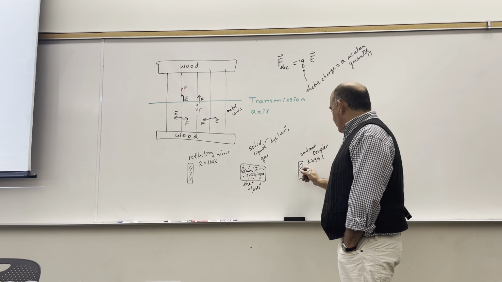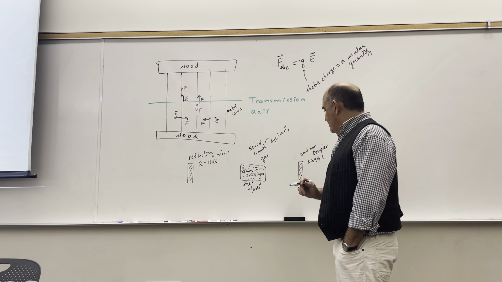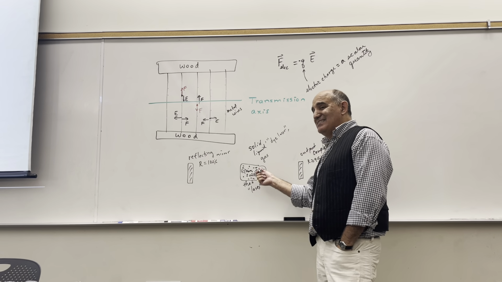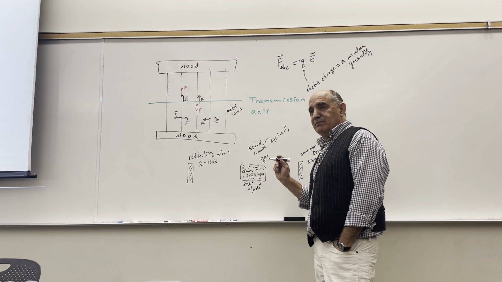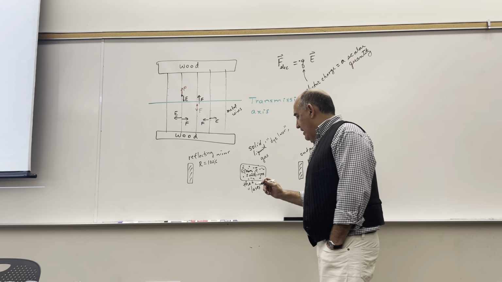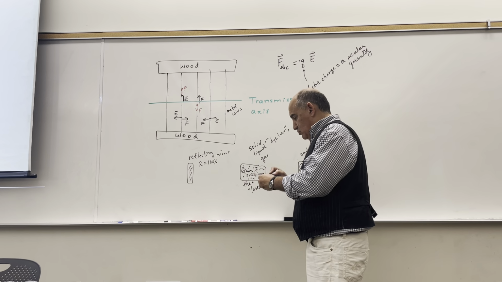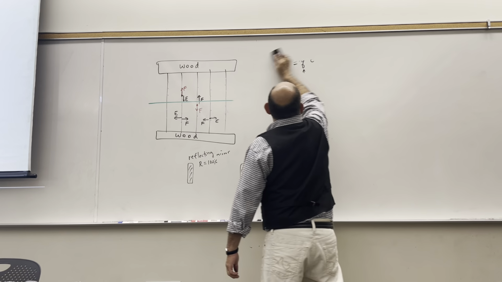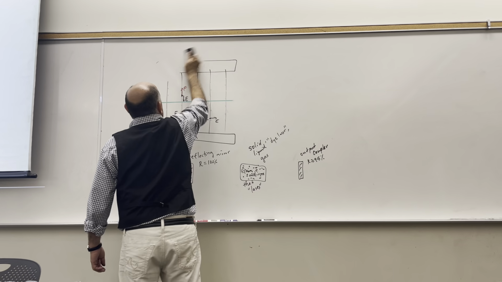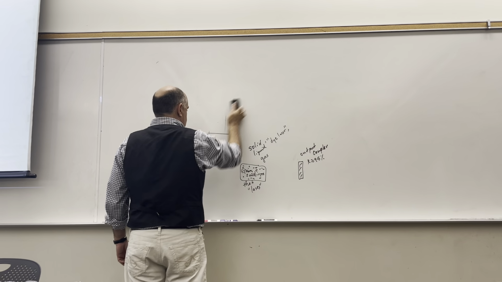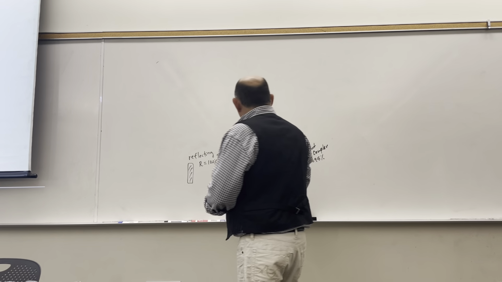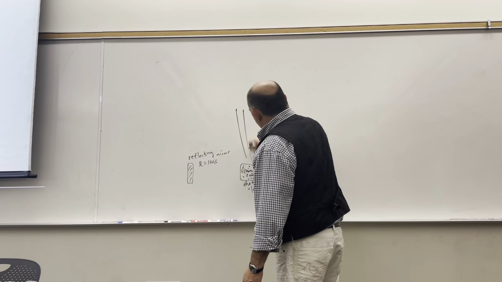And then here's another mirror, right? That's 95% reflecting. So what you need to do is excite this medium. And so there has to be an excitation source. So you have to dump energy in there.